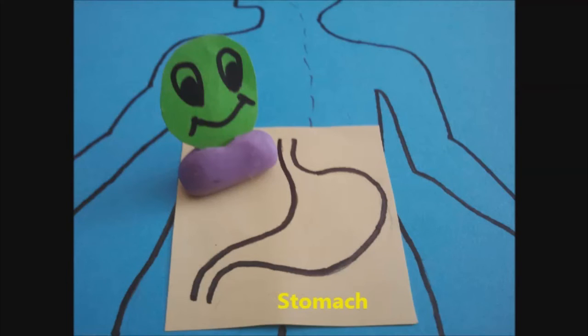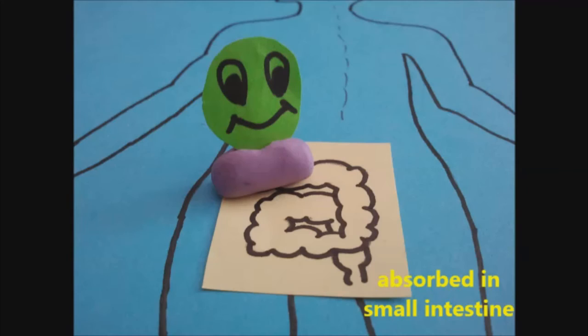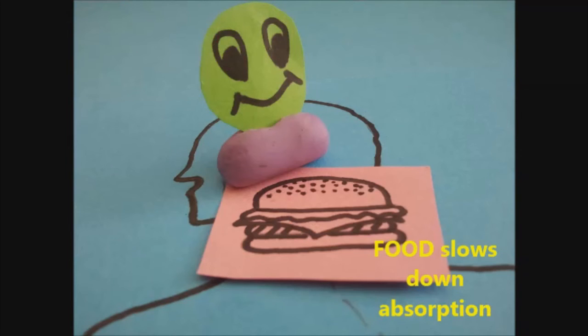Walking along this tract, I meet the stomach. At this place, there are many fierce people. They are called gastric acid. They tend to digest me. Luckily, I have a coat to protect me. After that, I meet the small intestine and I will be absorbed there. However, I prefer to go alone into the human body.